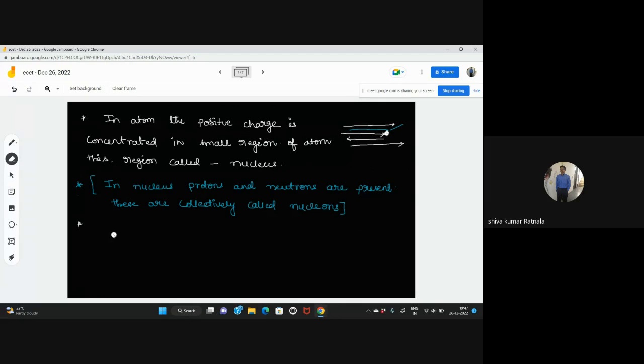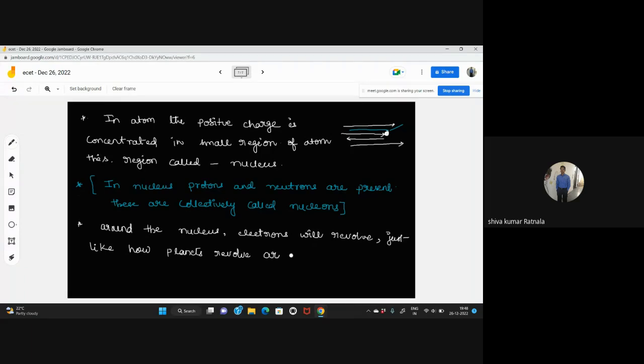And one more point: around the nucleus, electrons will revolve just like how planets revolve around the sun.